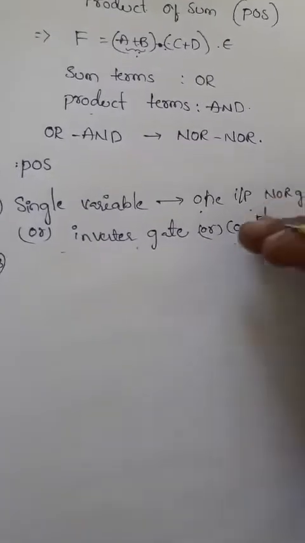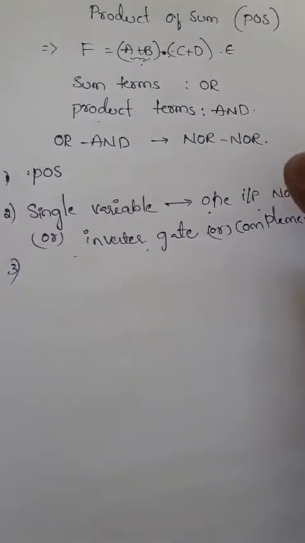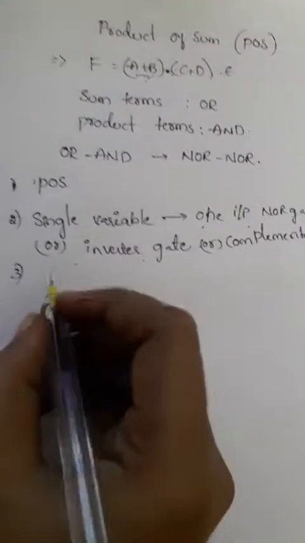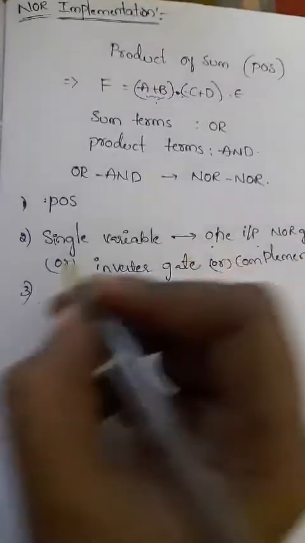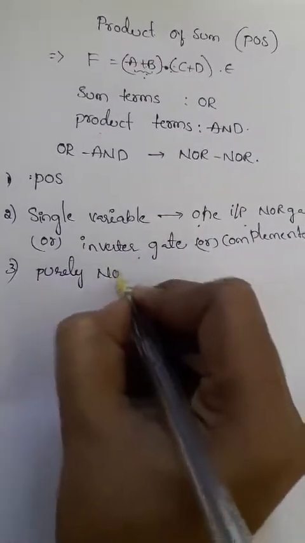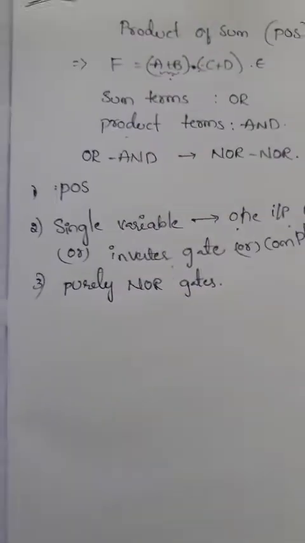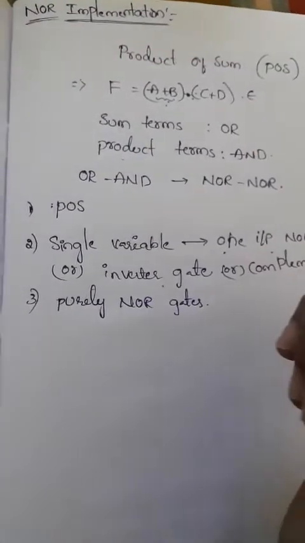This two level implementation may be converted into the complement form, and after that complement we can convert it into purely NOR gates. So these are the three rules for NOR implementation.